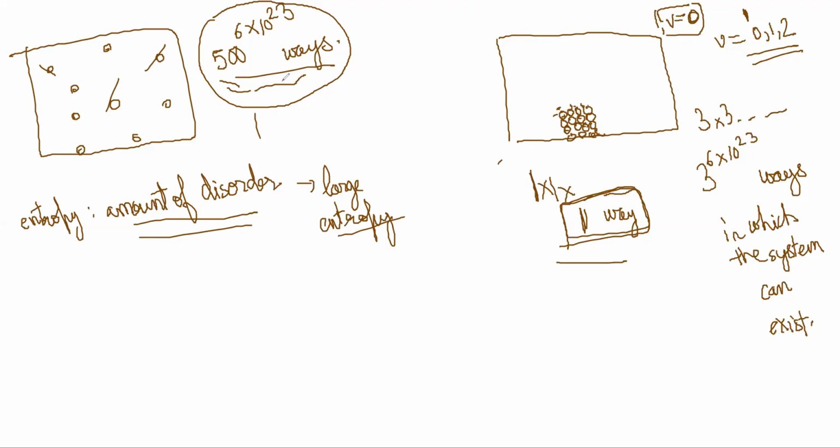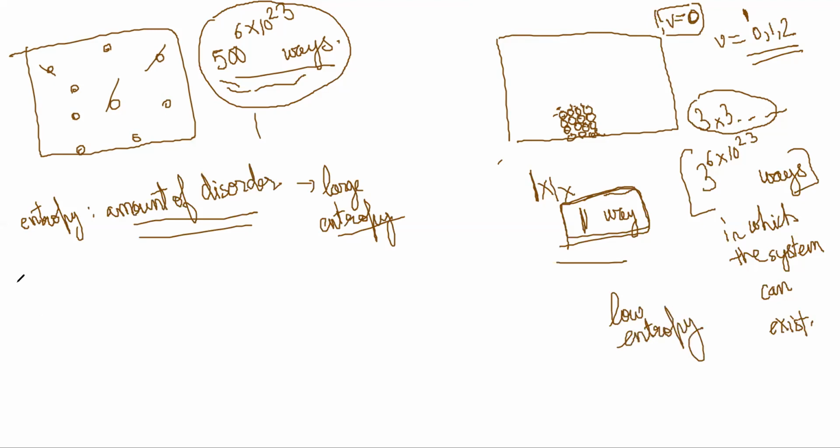That is a chaotic, disordered system, and this is an ordered system. It has only one, two, or three possibilities for each speed, a much smaller number of states. So this is a low entropy situation.